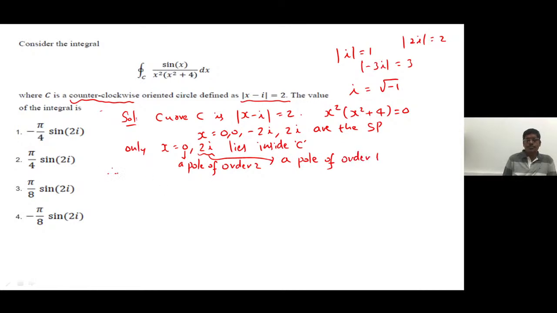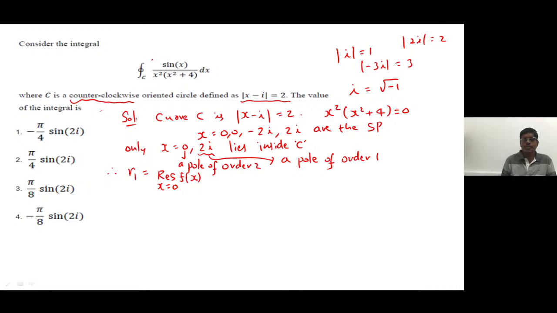So therefore R1 is denoted by residue of f of z, I mean z means here x, residue of f of x at x is equal to 0.